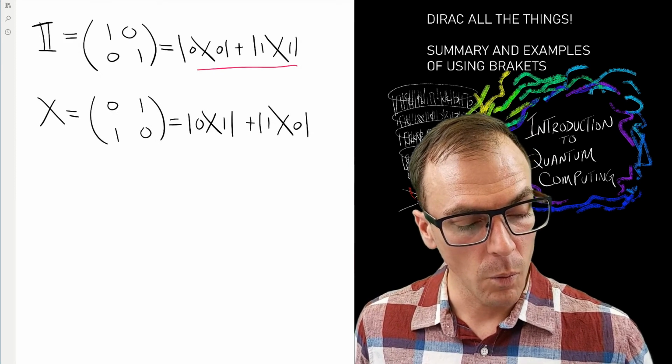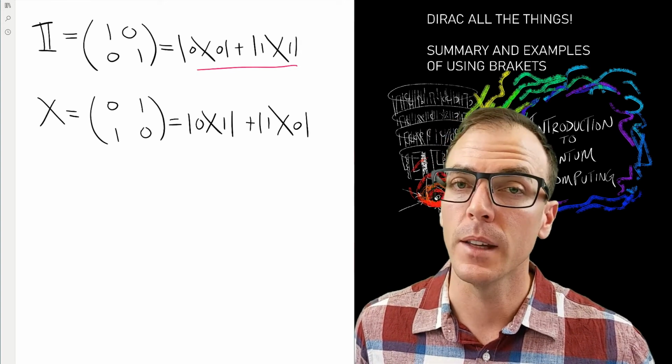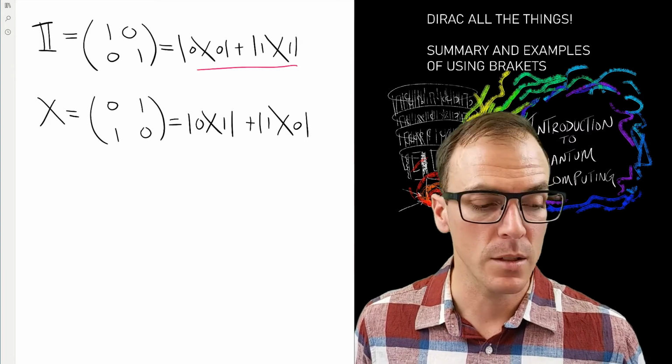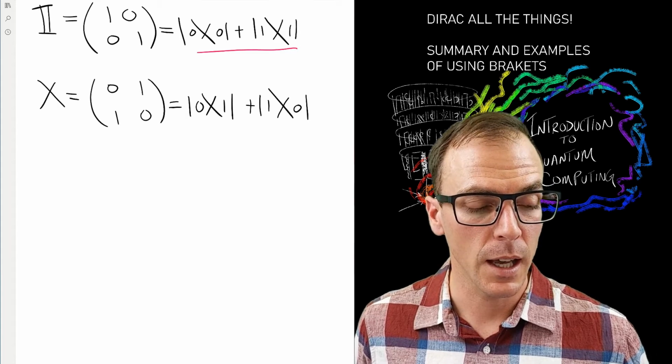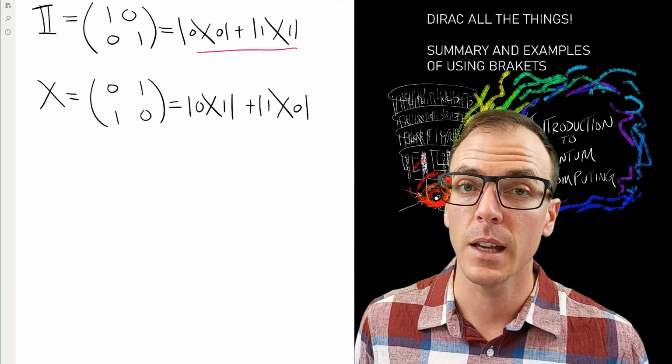Now, the nice thing about having this way to write the identity matrix in terms of Dirac notation is we can start to play some tricks. So multiplying any object, whether it's a vector or another matrix, by the identity doesn't change it.